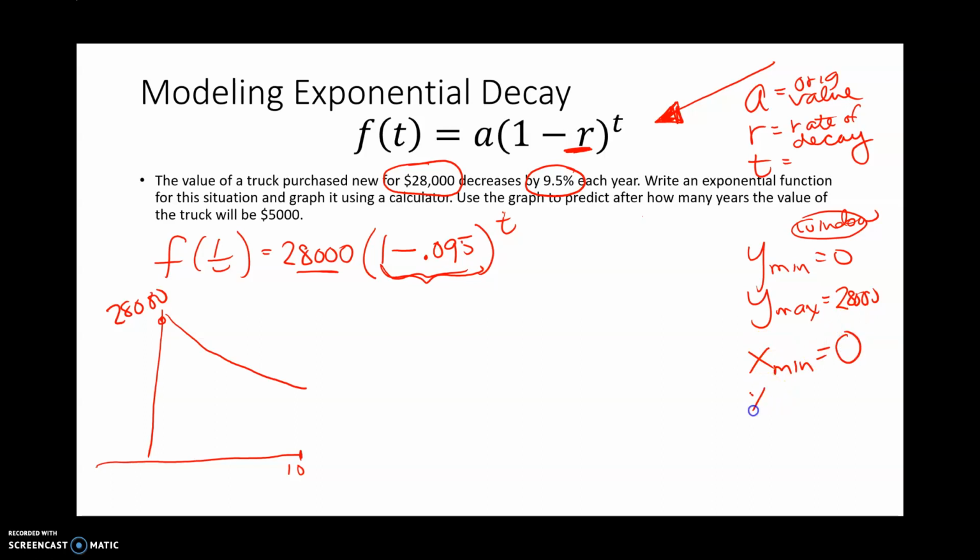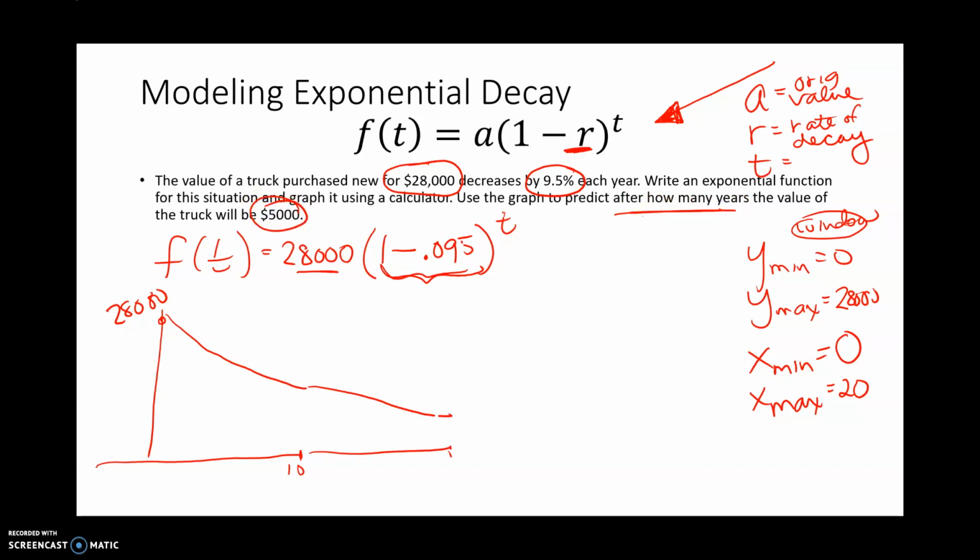So I'm going to do my x min as 0 and take my x max out to 20 just to see what we got. So now if this is out to 20, at 20 we're down like this.